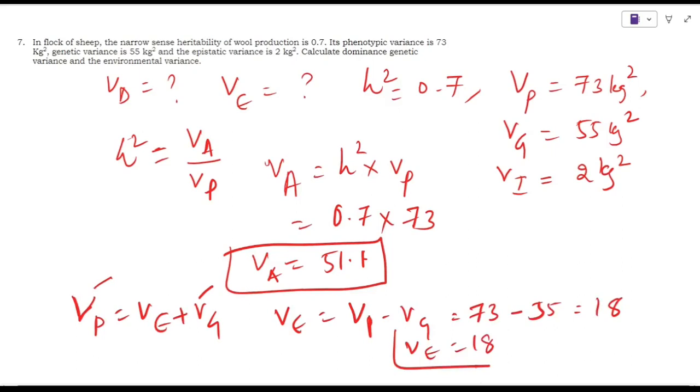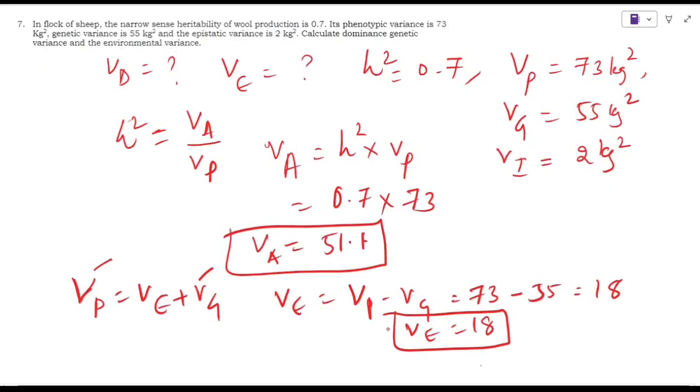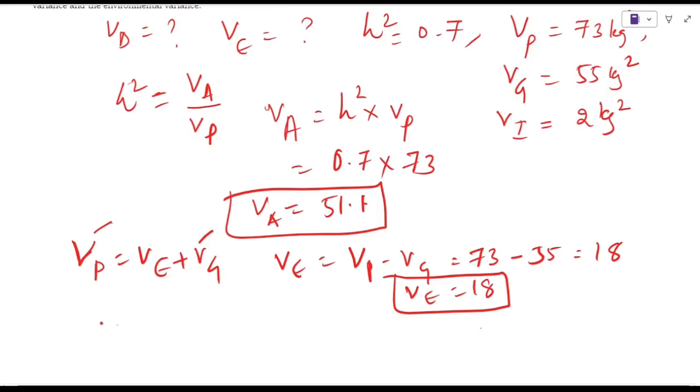We calculated VE now. We'll move on to one more formula to calculate VD here. You already know that VG is equal to VA plus VD, the dominant variation, and then VI, genic interaction, right? You already know VA here. VA is equal to 51.1.